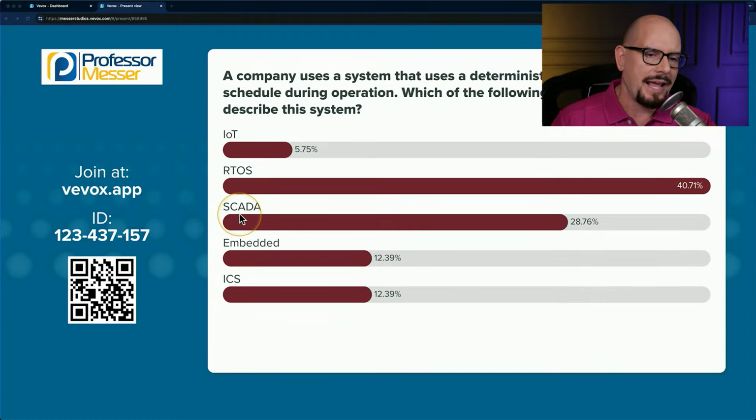SCADA is a description of the idea of industrial equipment and being able to network and control that industrial equipment. Large-scale equipment, especially used for things like power creation, power systems. They have their own processes and procedures for accessing and communicating to those systems over a SCADA network.